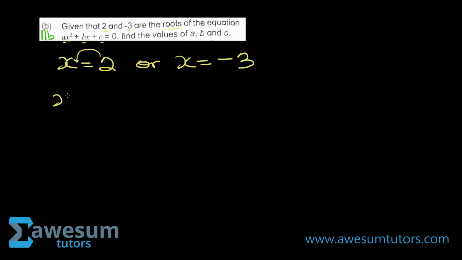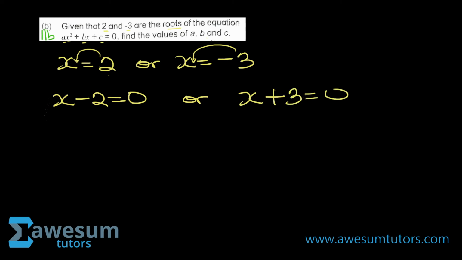So I will have x minus 2 equals 0, or this is -3. It also crosses the equal sign, so from -3 it goes to +3, or x plus 3 equals 0. Very good, guys.